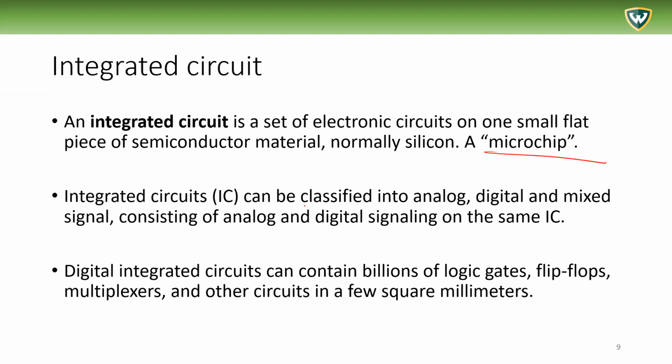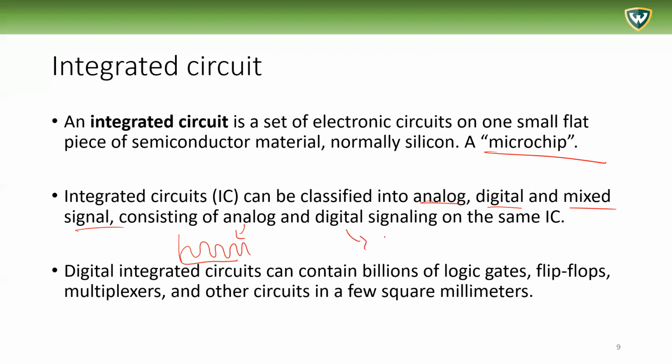Integrated circuits can be classified into analog, digital, and mixed signal, consisting of analog and digital signals on the same IC. The main difference is that analog is usually based on the manipulation of waves, the electrons essentially, more of a waveform.